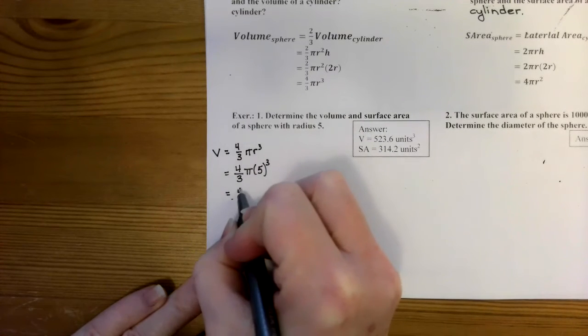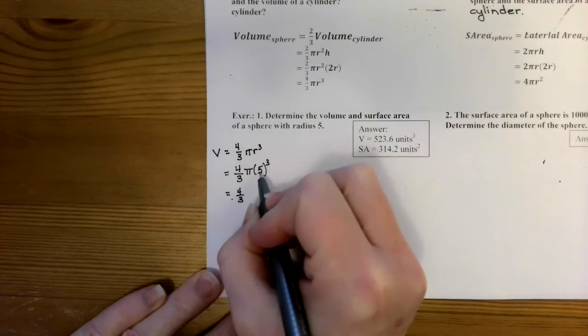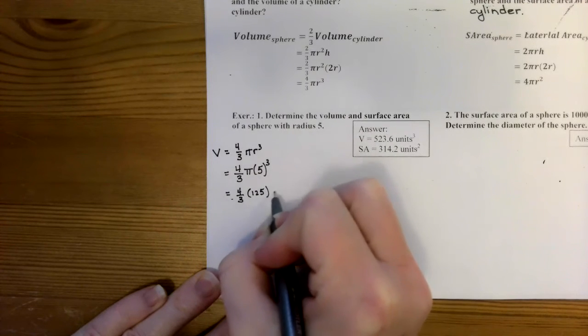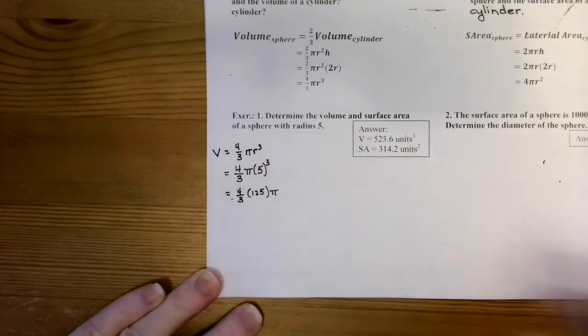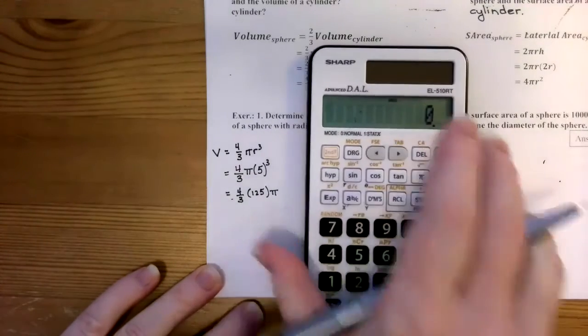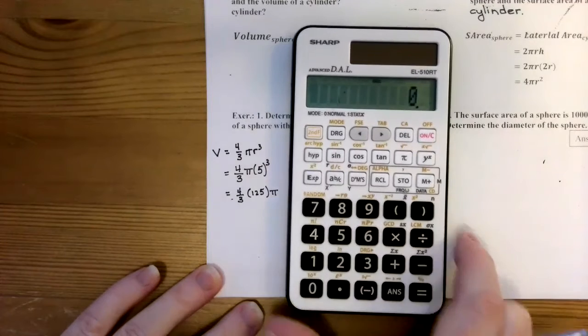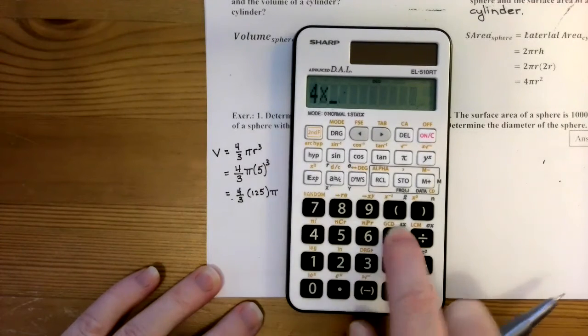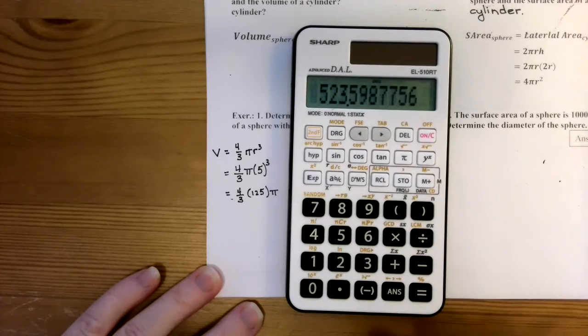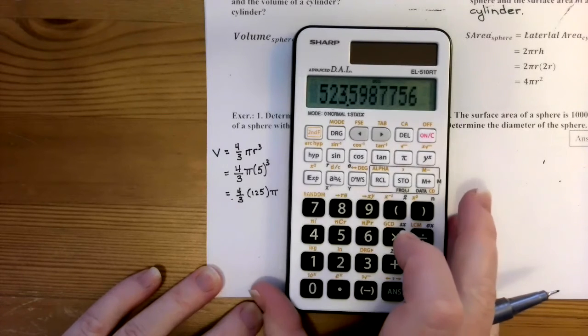So I get 4/3, and then 5 cubed is 125, and then my pi. I can go ahead and put that all into my calculator: 4 times 125 times pi divided by 3.